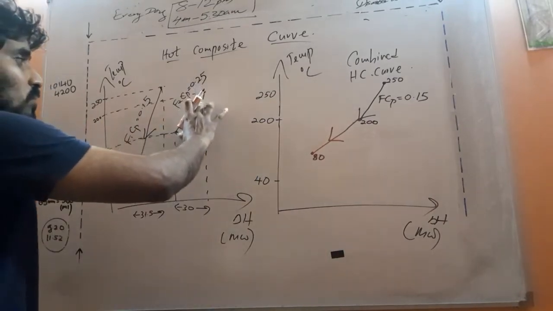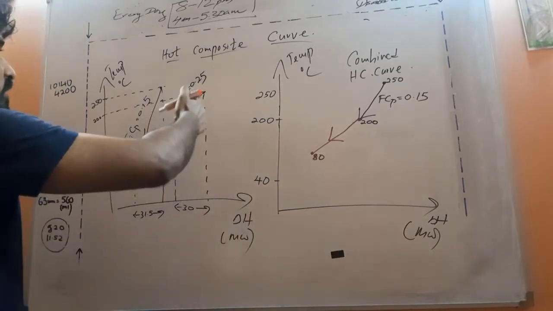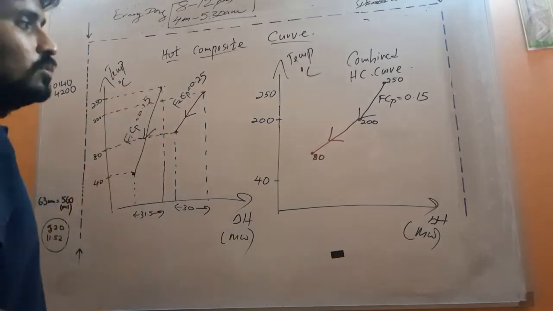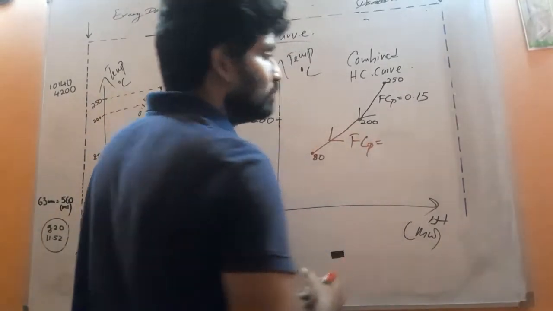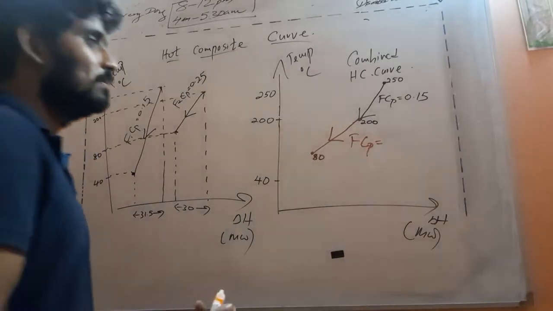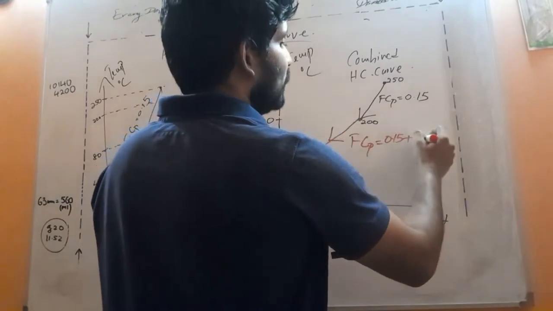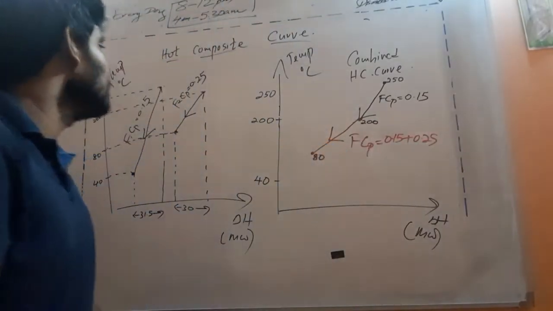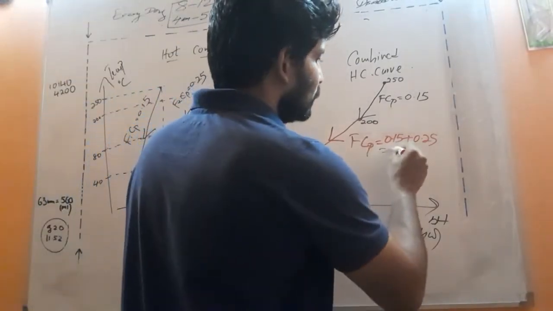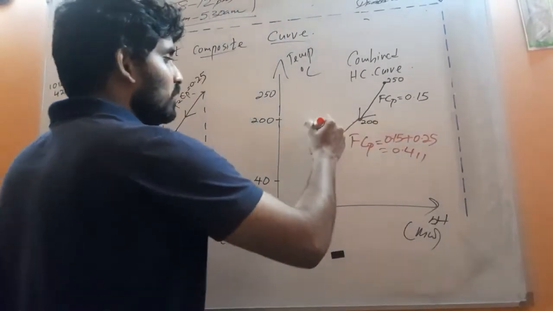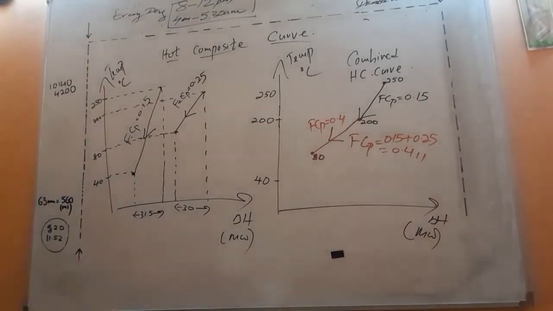Because this line also can be used to define the temperature ranges from 200 to 80, and this line also, right? So what is the FCP value? Because both the lines can be used to define that, you can combine that 0.15 plus 0.25. You can add the FCP value of this curve and that curve. So what is that? That is 0.4. So the FCP value for here is 0.4, right? Now the next thing.